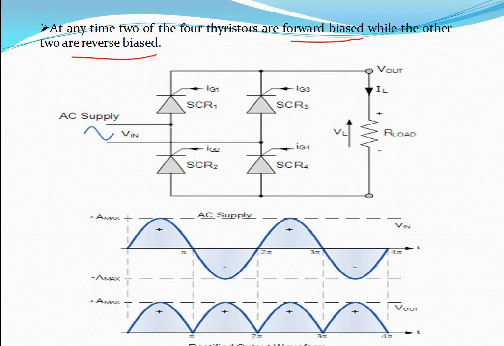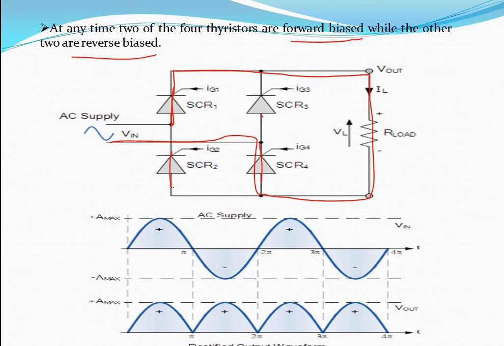This is the manner of conduction. So SCR1 conducts for the positive half cycle in this way. So 1 and 4 conduct through the load, the load current will flow, and this is the forward conduction mode. And these two are in reverse bias, so they are in open circuit. Sorry, SCR2 and SCR3 act as an open circuit for the positive half cycle, while the conducting ones act as a short circuit.